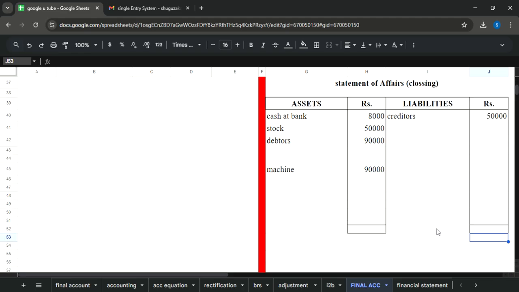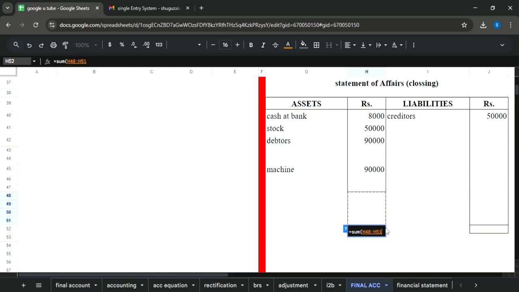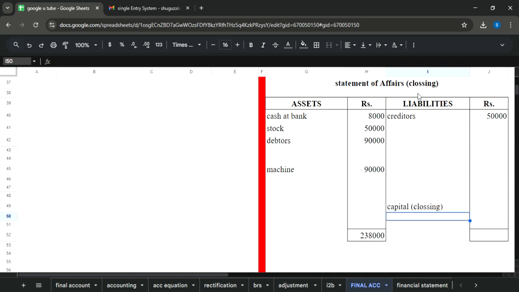Capital is calculated. Similarly, we will go to the closing side, and here you take the sum of the asset side. We have calculated. There is only one amount on the liability side. It would be very easy to calculate our capital, but which capital is it? Closing, because it is the statement of affairs closing. How will you calculate? Simply, 238,000 is your total of the asset side, 50,000 is the total of the liability side.